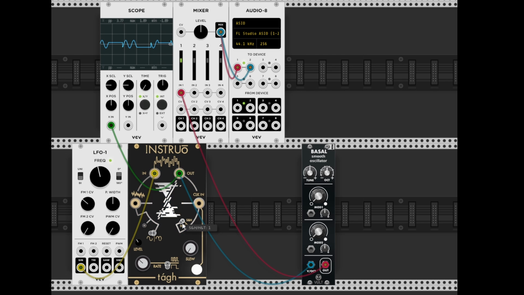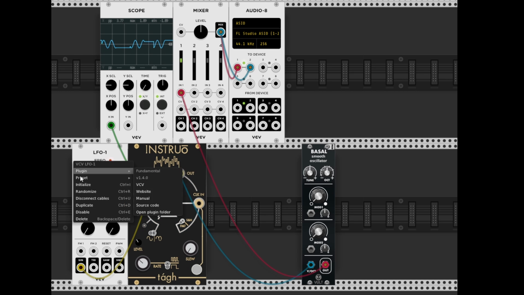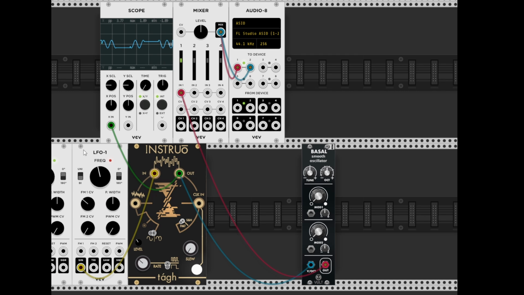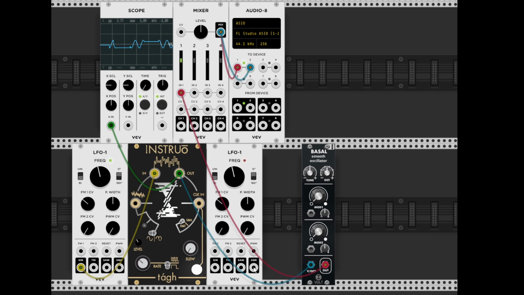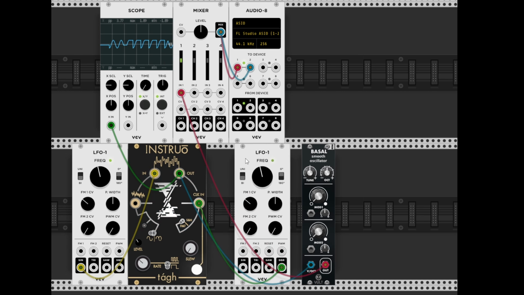Let me use an external clock, a second LFO. The square wave of a second LFO. Now this LFO here is the sample source, and this LFO sets the clock.